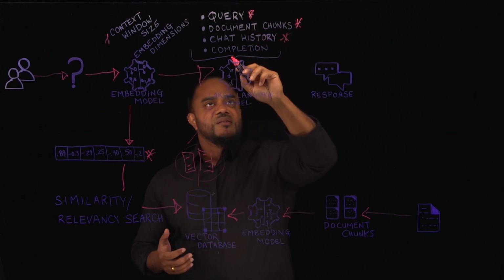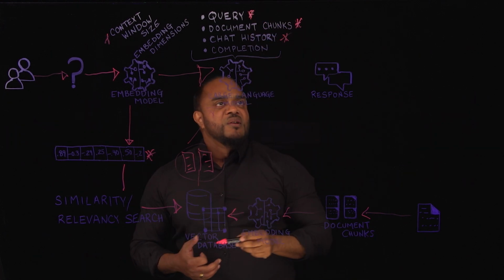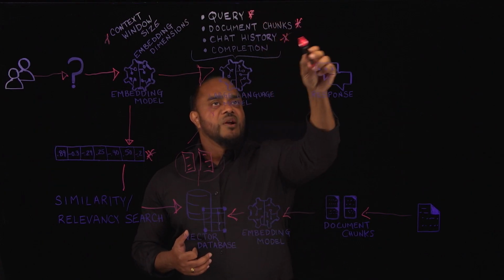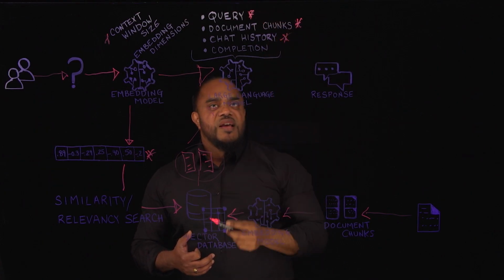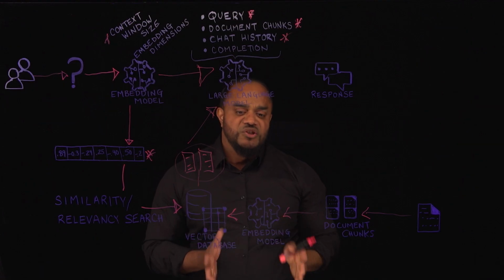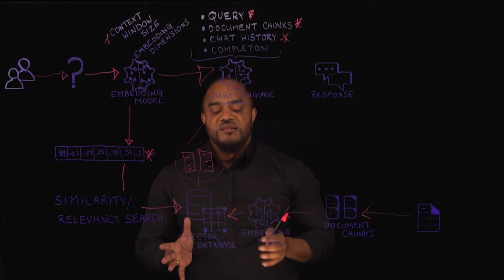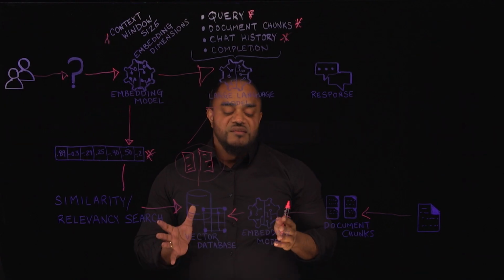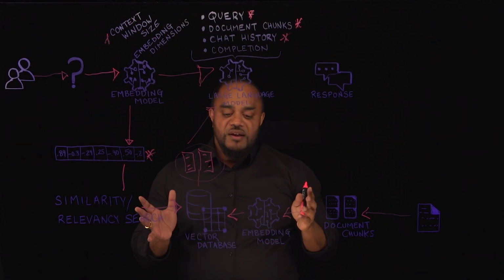So let's just say if each of these were taking up 1,000 tokens apiece, so we're at 3,000 tokens. That limits us to a 1,000 token window of our completion. And our completion is essentially the text that the large language model generates.